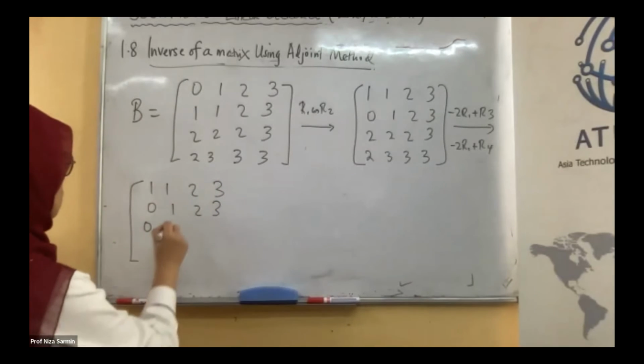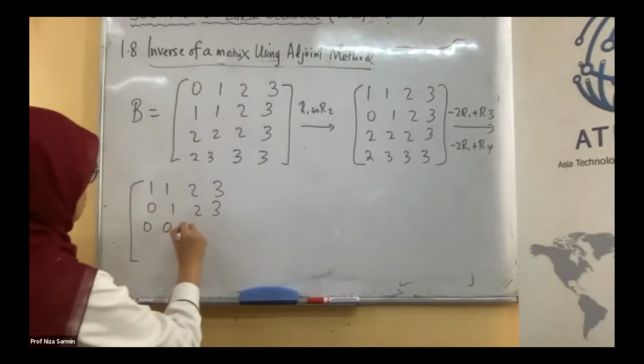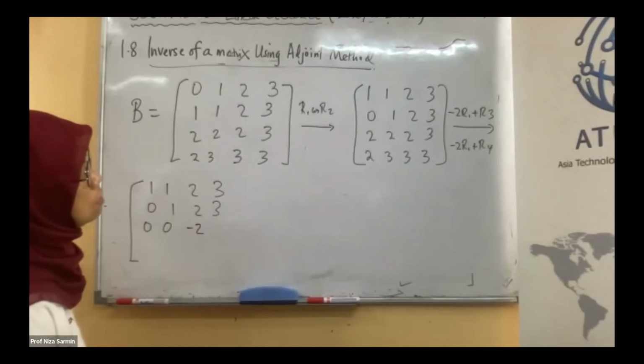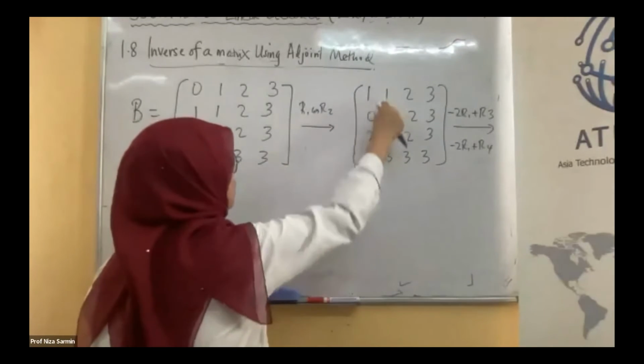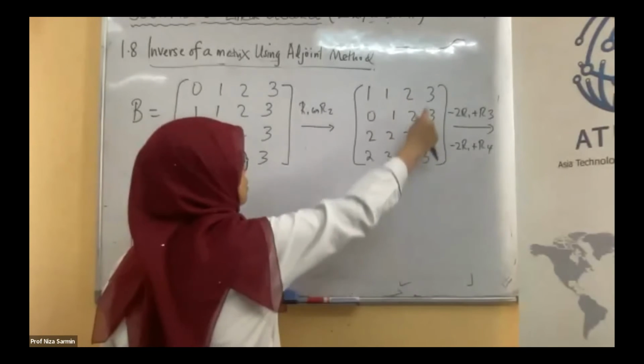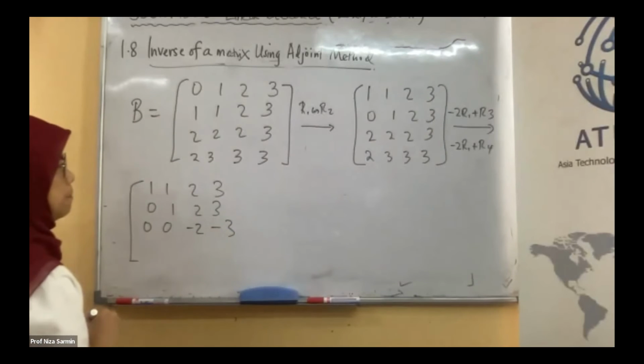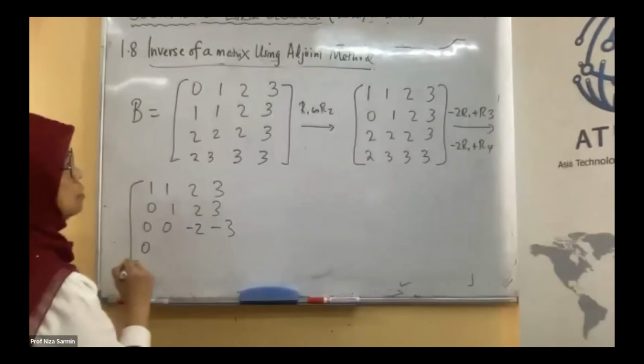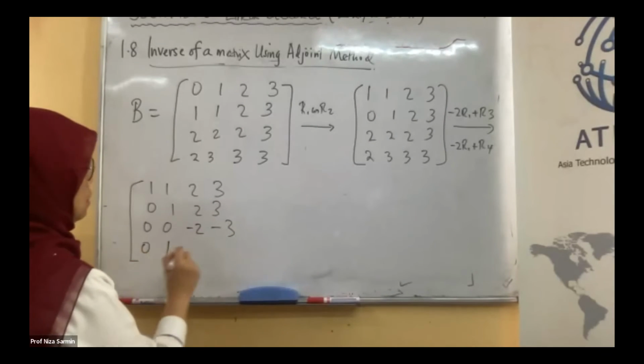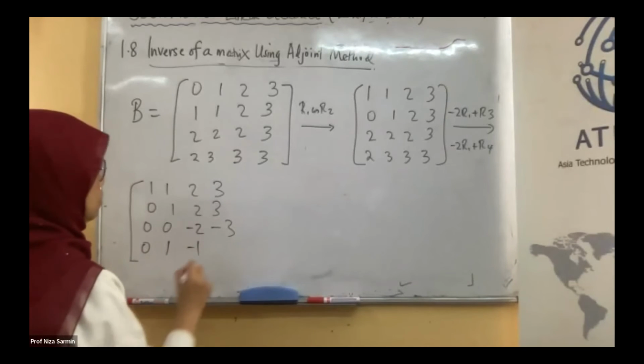Zero, 0, -2, -2, and add -4, and add -2, -6 plus 3, -3.